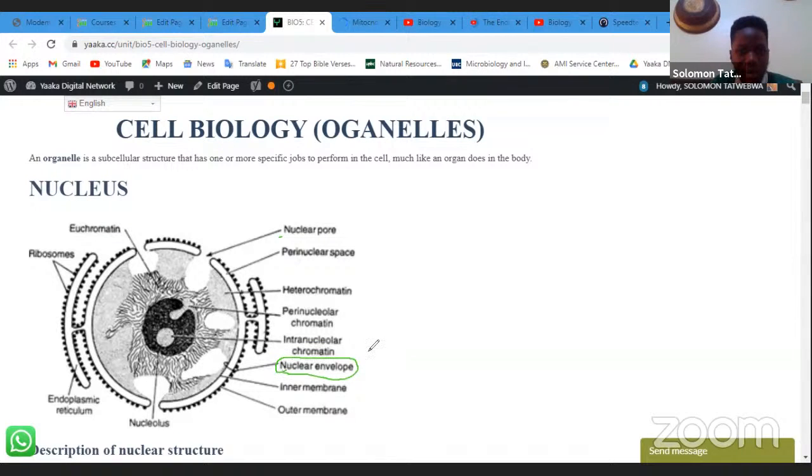What do you think is the function of the nuclear envelope? Who would love to try?